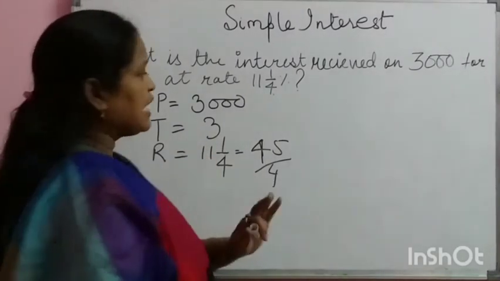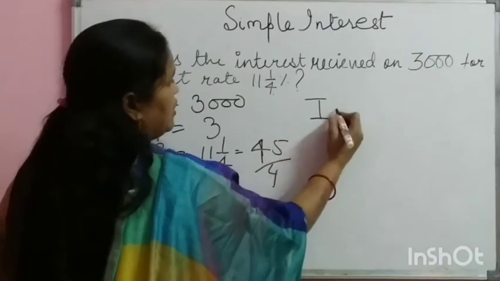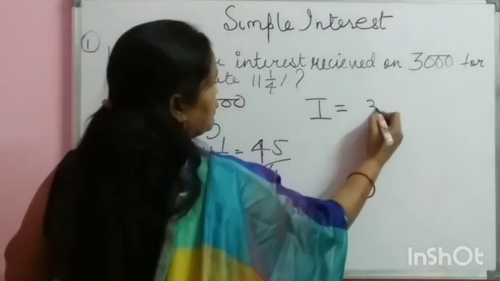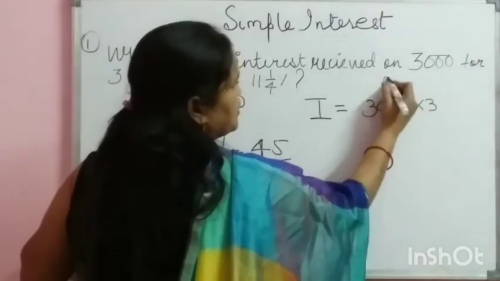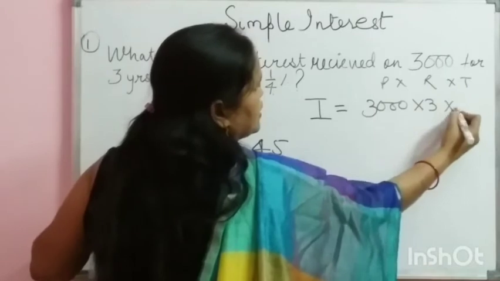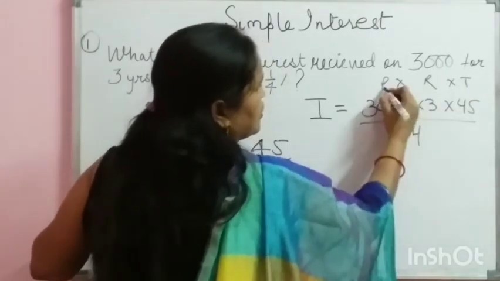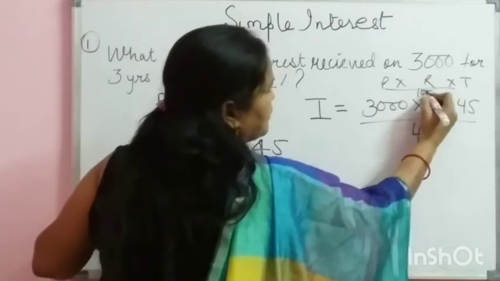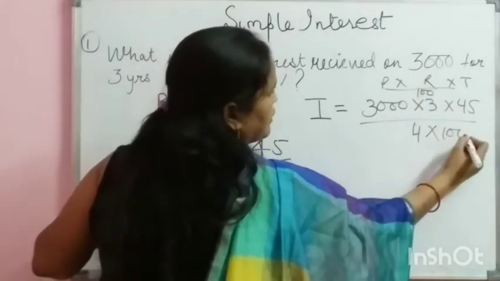Now you have to calculate first the interest. So I is equal to 3,000 multiplied by 3, that is P into R into T, T is 45/4, upon 100.